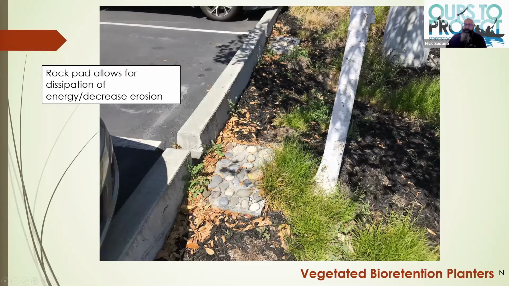But we do like to see that energy dissipation here, which would prevent any scouring or erosion from the water flowing into this feature. Things that we're looking for when we're inspecting is we do want to make sure that these inlets in these bioretention planters are allowing the water to flow, and that any issues from the water being allowed in there are being addressed.